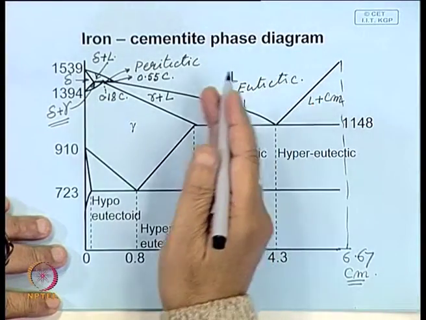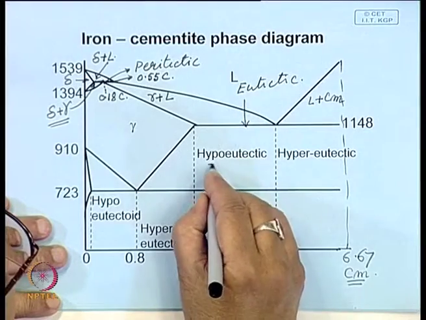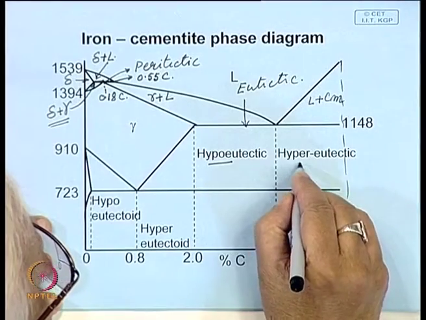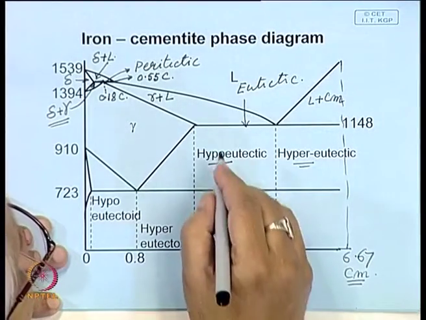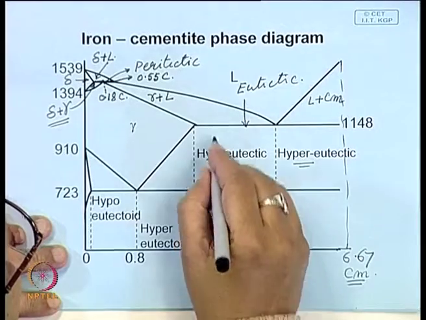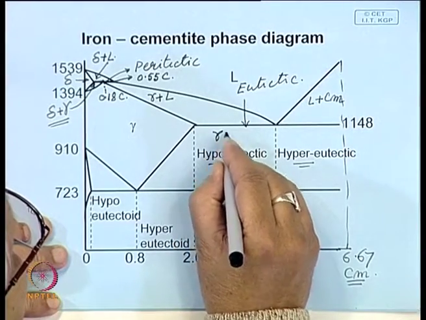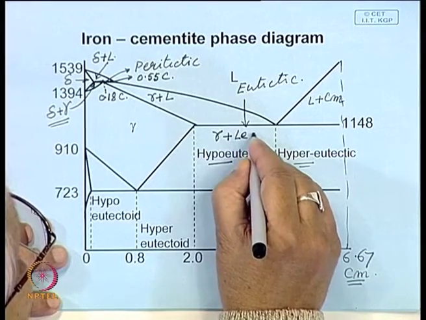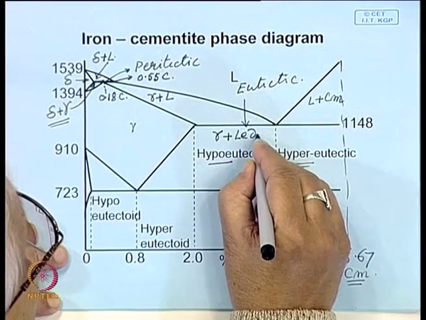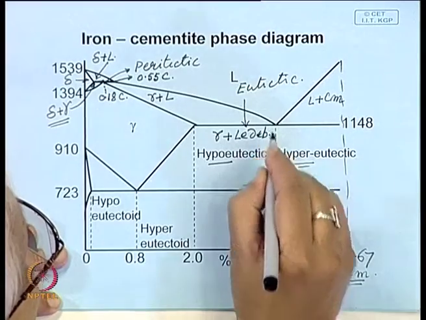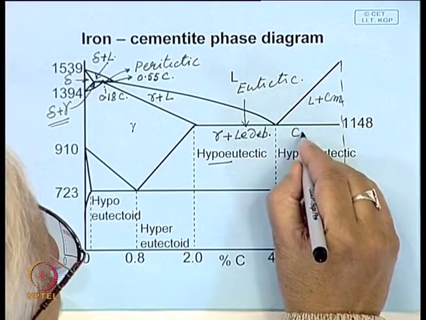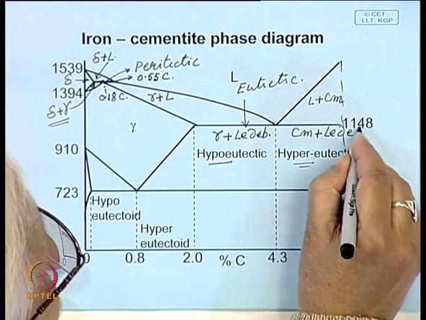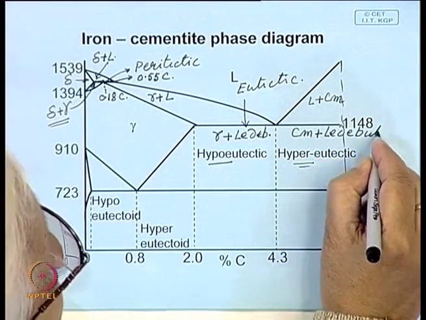On the left hand side of the eutectic, the alloy is called hypoeutectic. On the right hand side of the eutectic composition, the alloy is called hypereutectic. Here in this part, your structure will be gamma plus eutectic. This eutectic is known as ledeburite, and on this side you will have primary cementite plus ledeburite, that is eutectic.